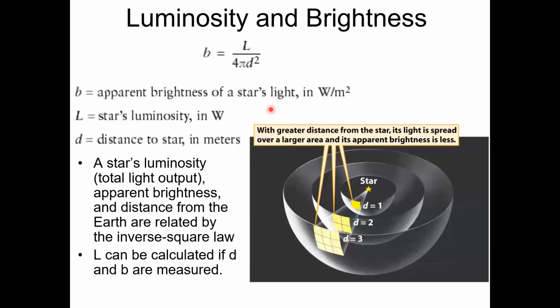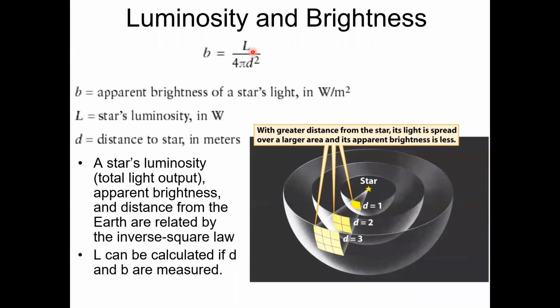So B with the sun subscript means the apparent brightness of the sun, and L with the sun subscript means the total power output of the sun. Keep that as a reference equation.